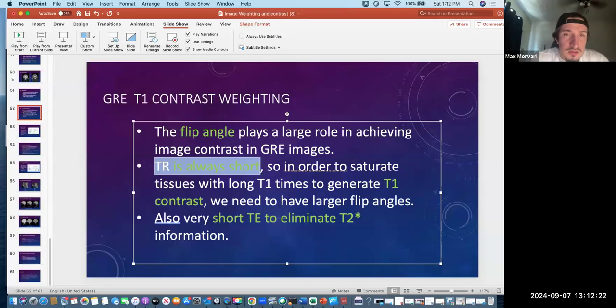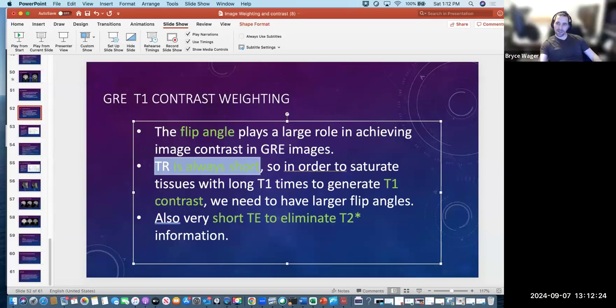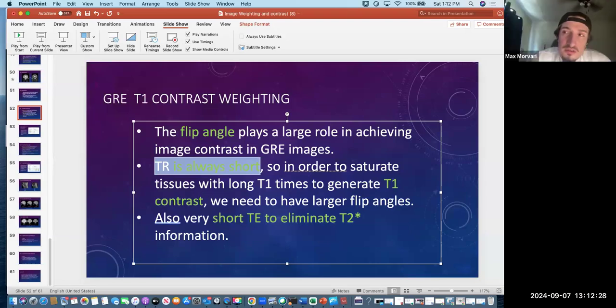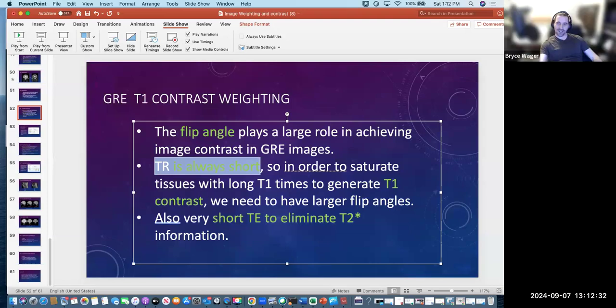Can you explain the proton density for the gradient echo one more time? So it's a short TR, a short TE. What minimizes TE? How do you get less signal from TE?